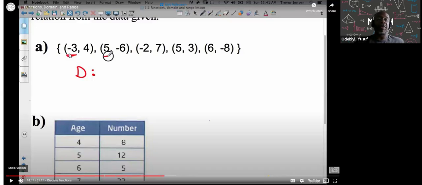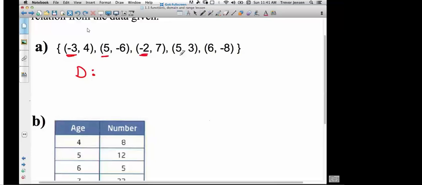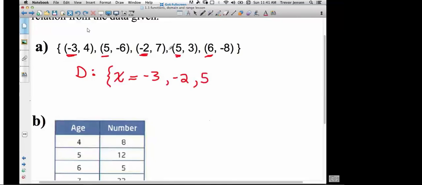You can write the numbers in order, but it exists at -3, 5, -2, 5, and 6. Now watch how it's written. Of the relation, I'm going to look at only the x values. Typically you want to write these in order. A little curvy bracket. The domain: x could be equal to, and we'll put them in order from least to greatest. It could be -3, -2, it could be 5, and it could be 6.